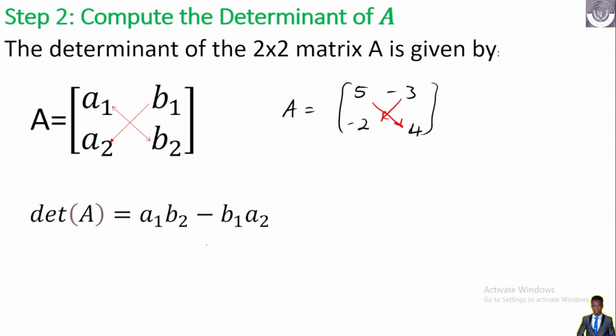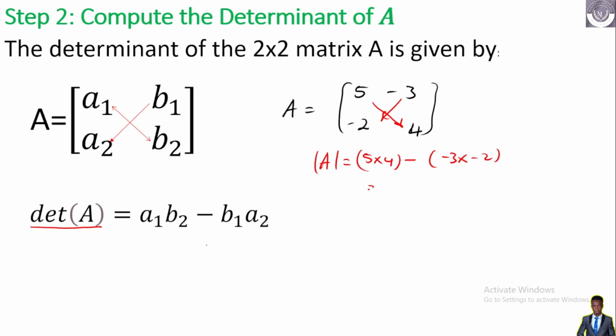So now, to find the determinant of A, it's the same as this, and this is just the real aspects to see how it goes. So it's going to be 5 multiplied by 4 minus minus 3 multiplied by minus 2.